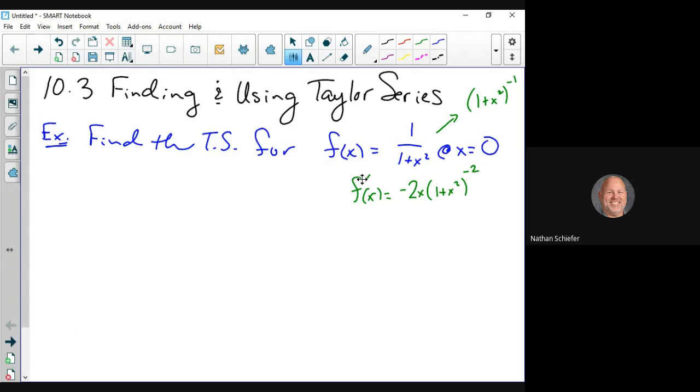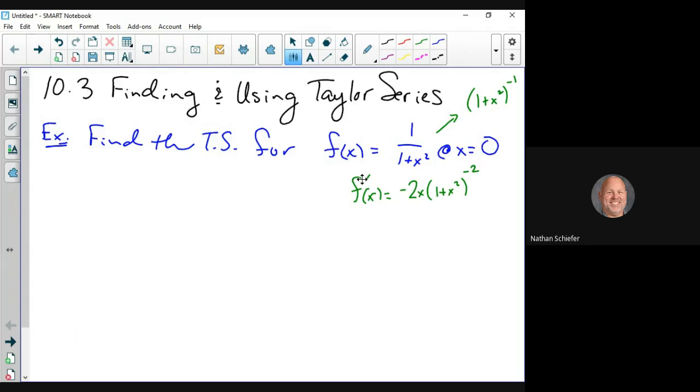You want to integrate that? Why not? Do we know the antiderivative of that? What is it? Something trig? What is it?